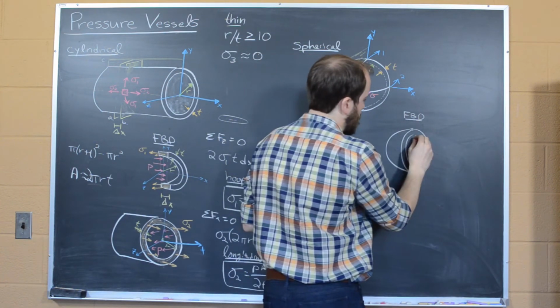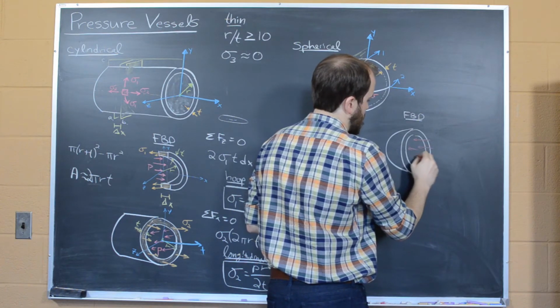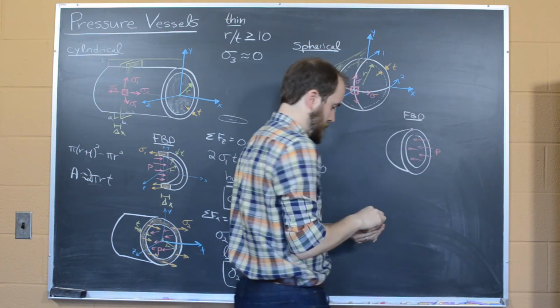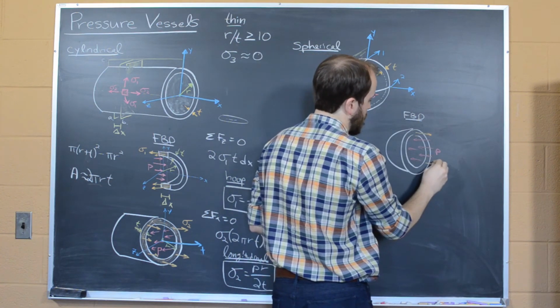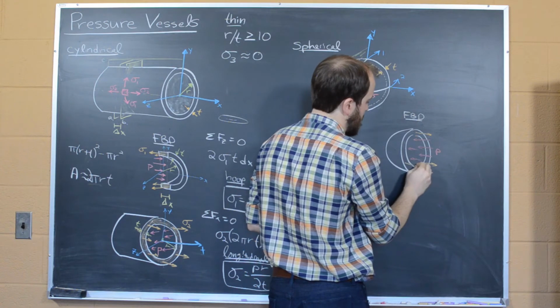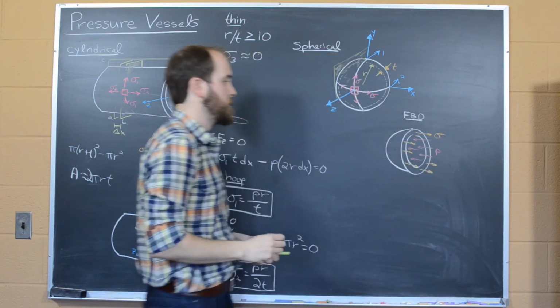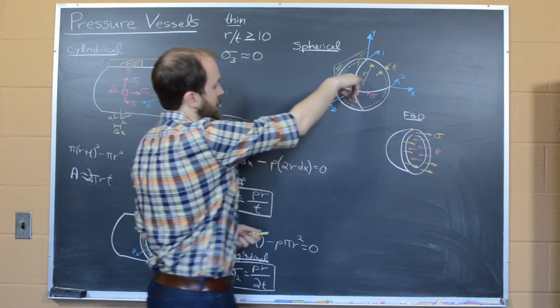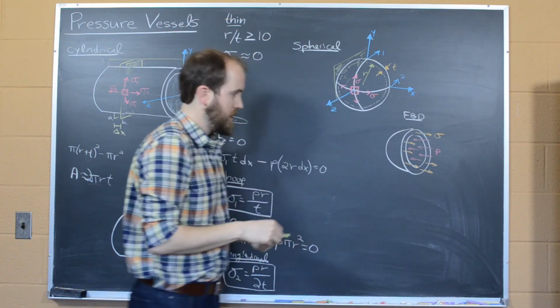And again, we'll have pressures acting in this direction, and our stresses in the wall of the structure acting in the opposite direction. Everything else is the same. It's going to have a radius coming from the center to the inner wall and a wall thickness.